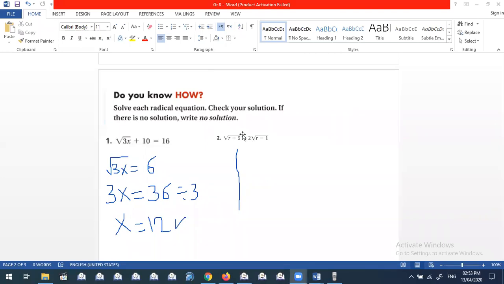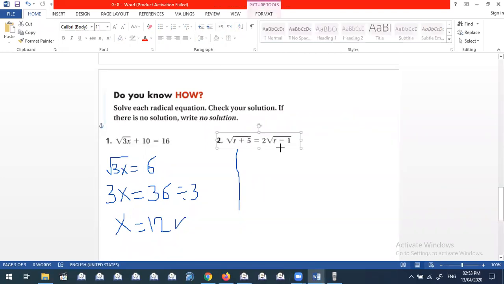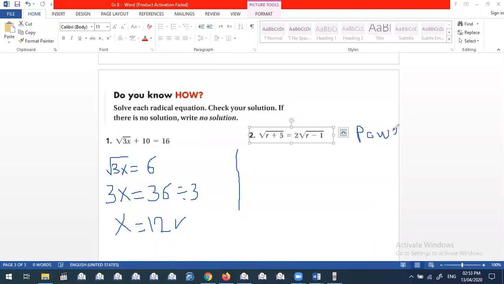The next one. We have two square roots on both sides. So make power 2 for both sides. It will be r plus 5 equals 2 power 2 times r minus 1.